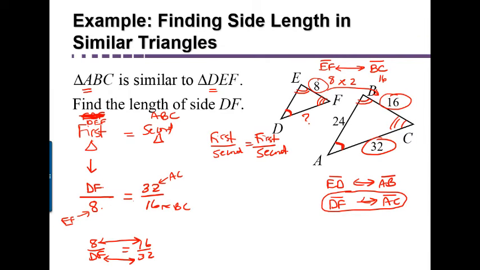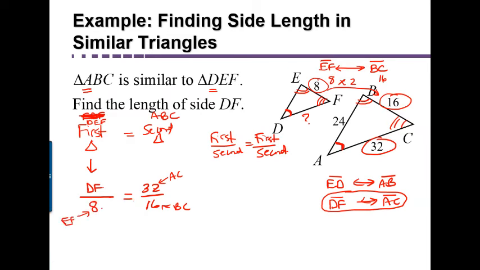The two sides that correspond are in the top, and the two sides that correspond in the bottom. Can't mix them up. In other words, you can't leave the 8 over DF and then flip the 32 over 16. Okay, so anyway, I'm going to stick with my DF over 8 equals 32 over 16.